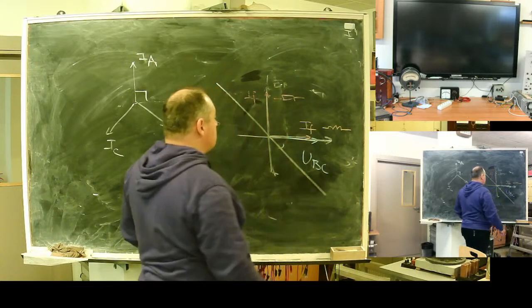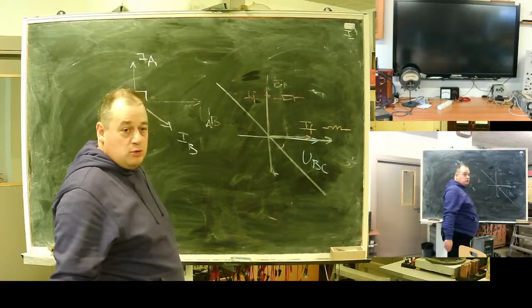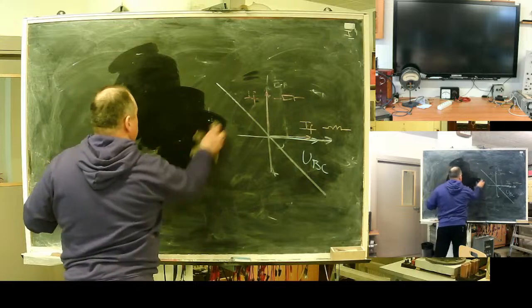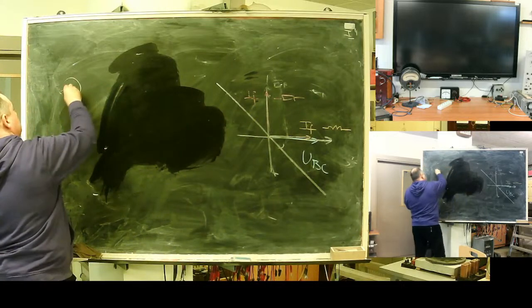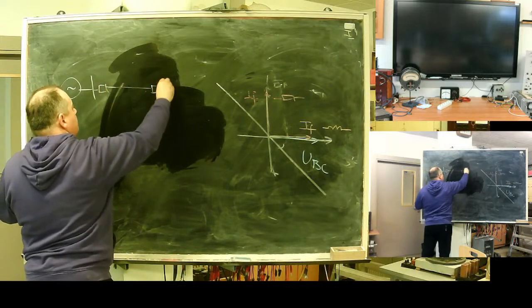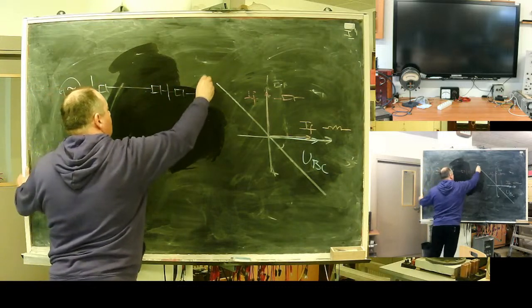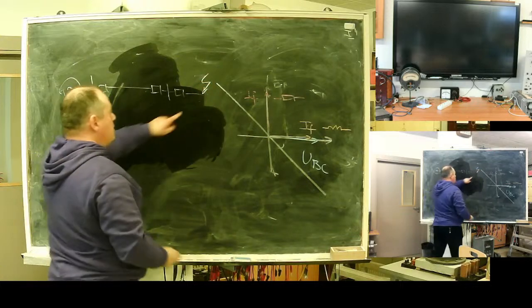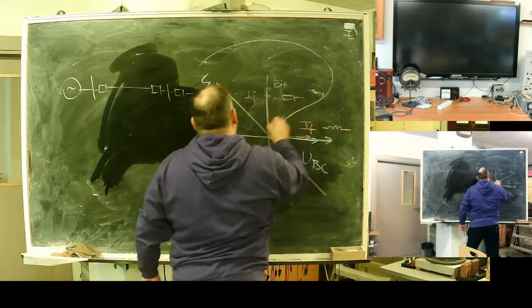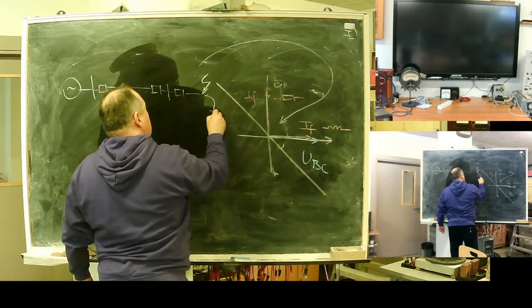Meaning my characteristic, I can draw a line like this. But what do I need to check? Direct faults. All these faults go here.